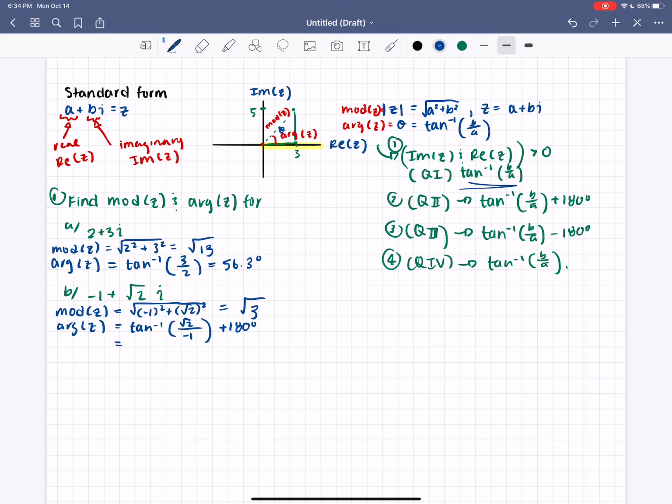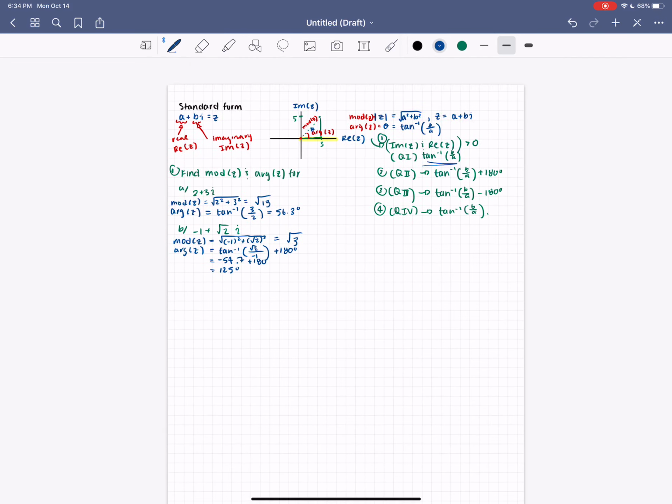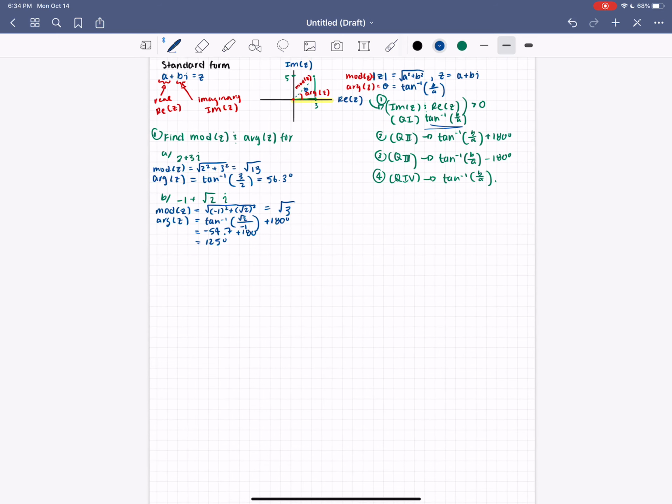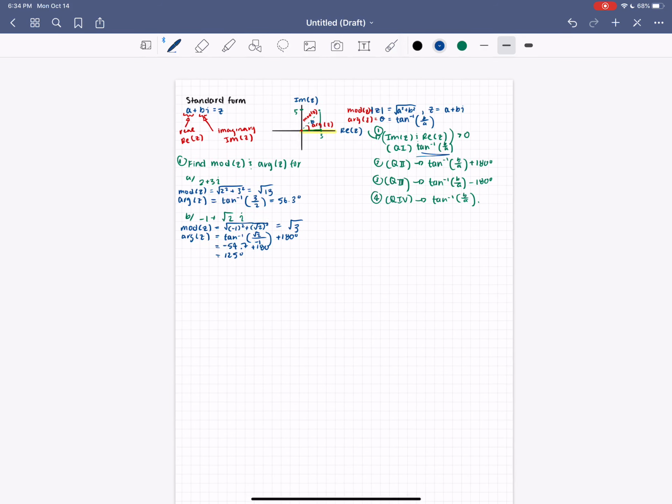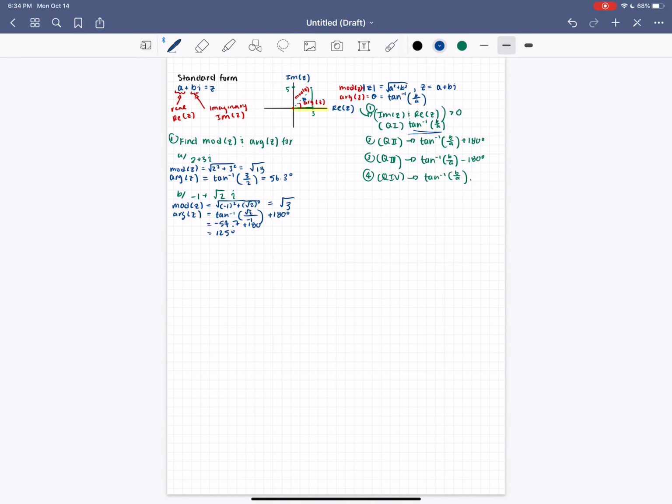That gives me -54.7 plus 180. And so your final answer to 3 sig figs is 125 degrees. So that's a bit on standard form and drawing on the Cartesian plane.